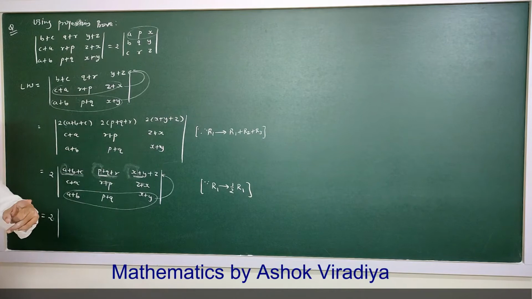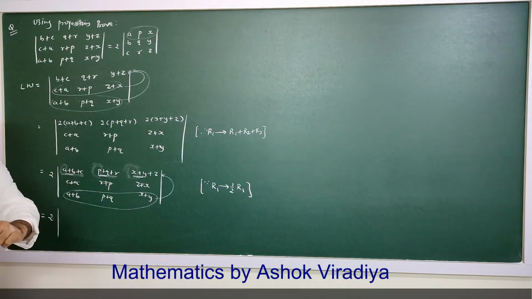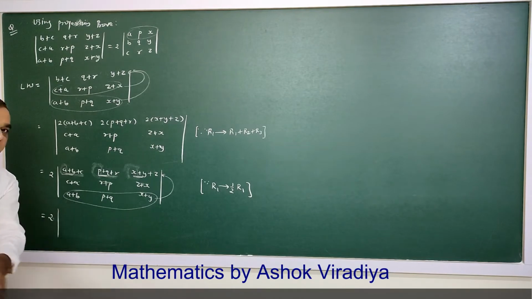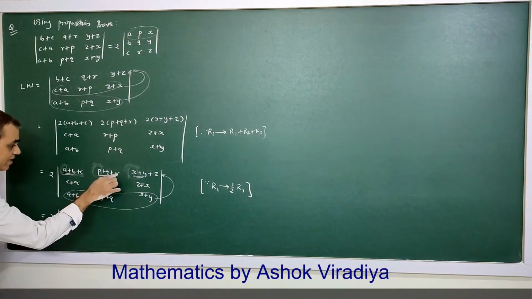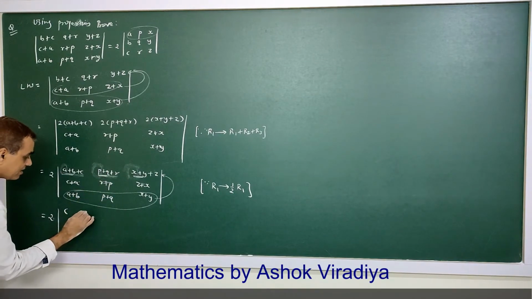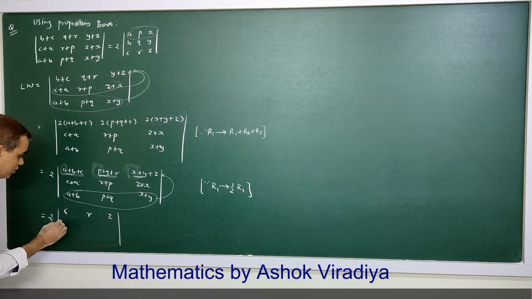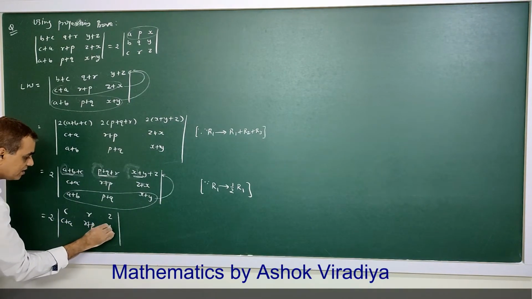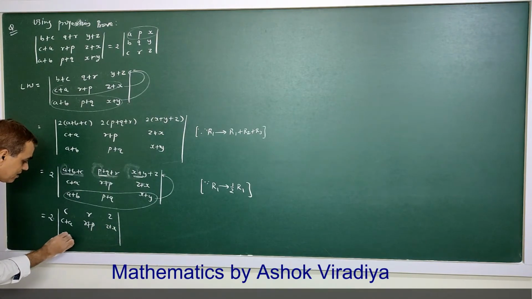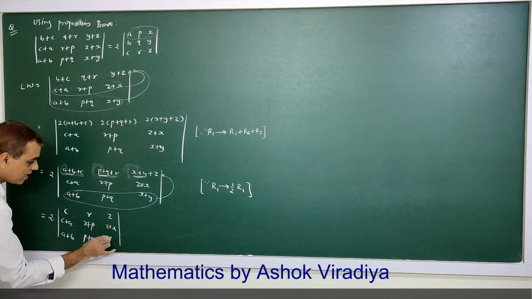That means elements of the third row are multiplied by -1 and the products are added in the first row. So this will be C. Here P plus Q will be cancelled, that is R. Here X plus Y cancelled, that is Z. So here C, R, Z, then C plus A, R plus P, Z plus X, A plus B, P plus Q, X plus Y.